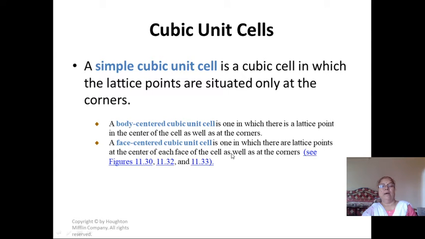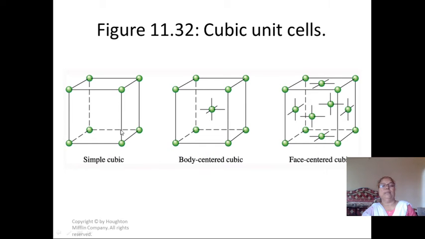That means 8 plus 6, there are in all 14 lattice points in the FCC structure.